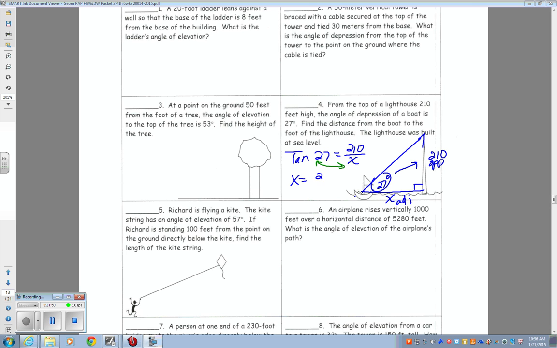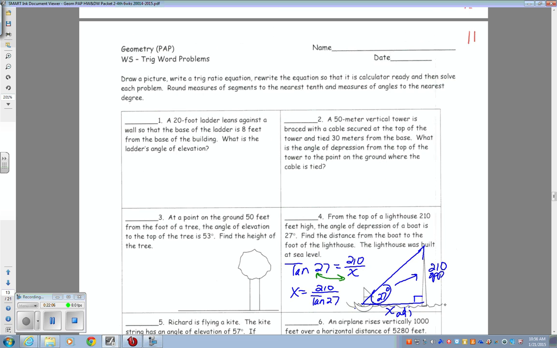X is equal to 210 divided by the tangent of 27. And that will be our answer. It says to the nearest tenth. And if it's nearest degree, that's really just a whole number.